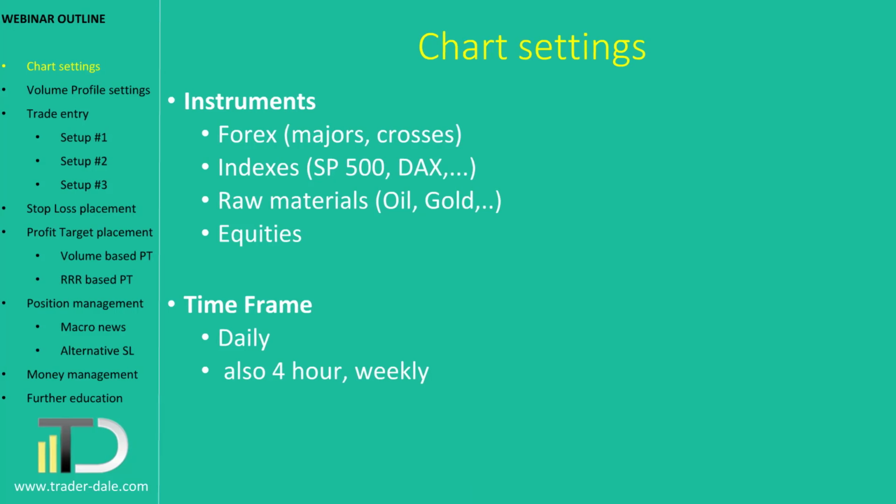As far as time frames are concerned, I personally prefer the daily time frame for my swing trading analysis. And if you also prefer, for example, 4-hour time frames, then it's also alright. And if you are more into long-term investments, then you can also use the weekly time frame. But for me, the best one is the daily.